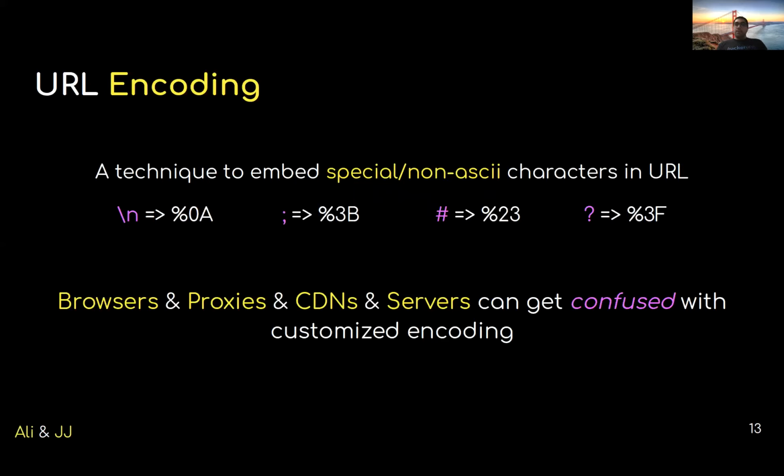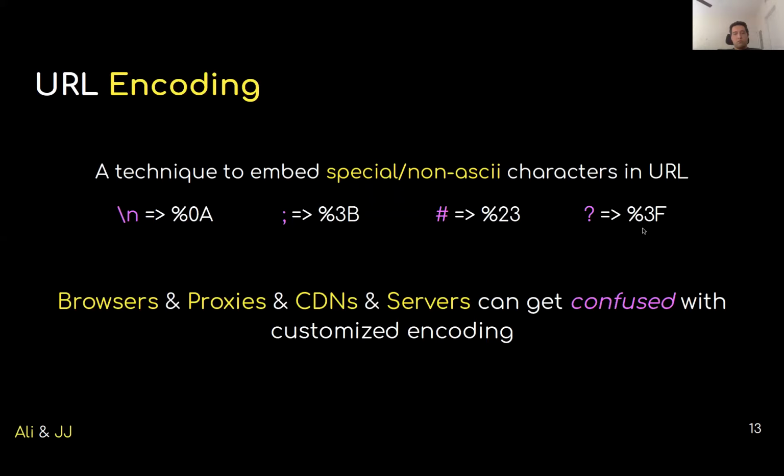There are a couple of special characters, such as semicolon and question mark, that have a special meaning in the URL. In order to put them into the URL as data, you need to encode them. Usually the encoding happens using a percent sign followed by the hexadecimal representation of the ASCII code of that character.